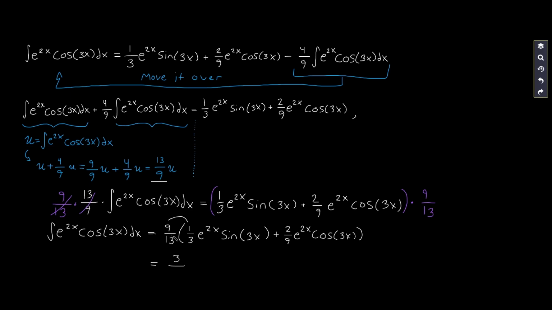Let's see, 9 divided by 3 is 3, so 3 over 13 times e raised to the power of 2x times sine of 3x, plus, well, 9 is going to cancel out with 9, and it looks like we're going to have 2 over 13 times e raised to the power of 2x times cosine of 3x. And yeah, I'm pretty sure that's going to be your answer.